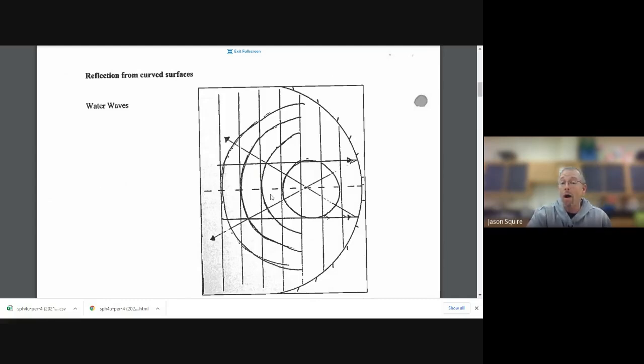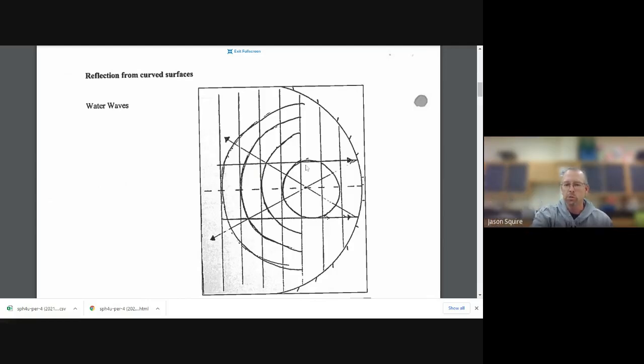And it turns out that water waves do the exact same thing. These water waves travel towards this curved surface, and they reflect off as if they're coming from this point, which is called the focal point. So straight parallel incident wave fronts will produce curved reflected wave fronts. Imagine you've got your finger and you're dabbing it in the water of a puddle.